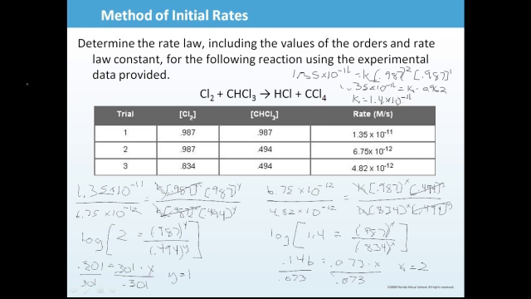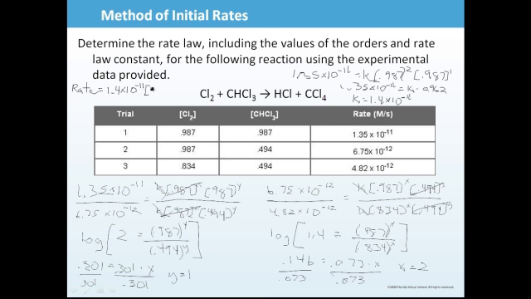So for our final answer to the problem, I'm going to write this over here on the left. We just put all these numbers into the original rate expression. So we say rate equals, K we just figured out is 1.4 times 10 to the negative 11.